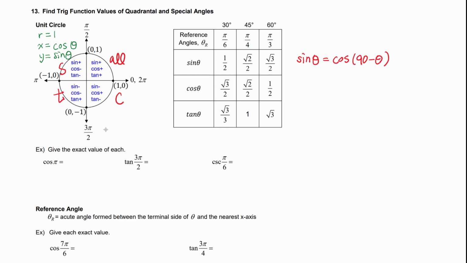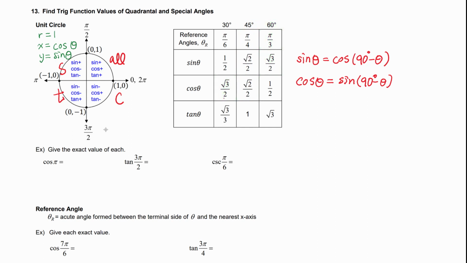Remember this? And for any angle theta, cosine of theta is also sine of 90 degrees minus theta. That's why sine 30 is equal to cosine of 60, sine 45 is equal to cosine of 45, and sine 60 is equal to cosine of 30.